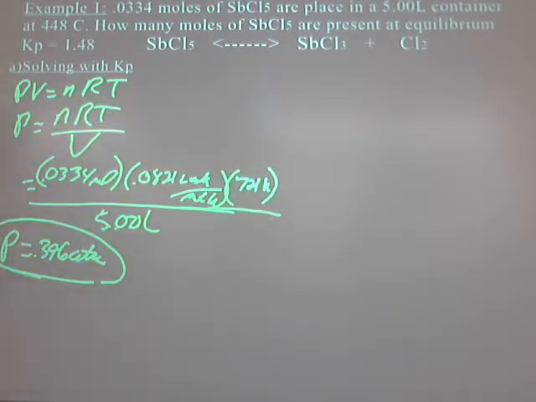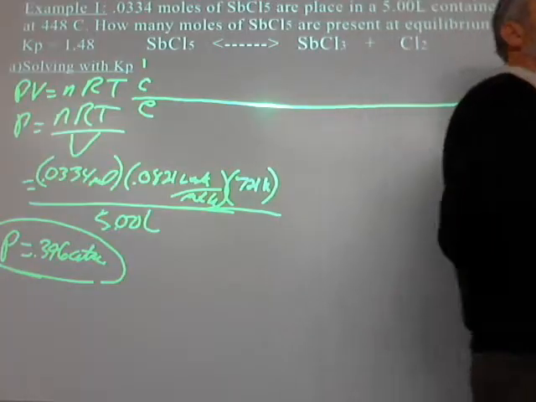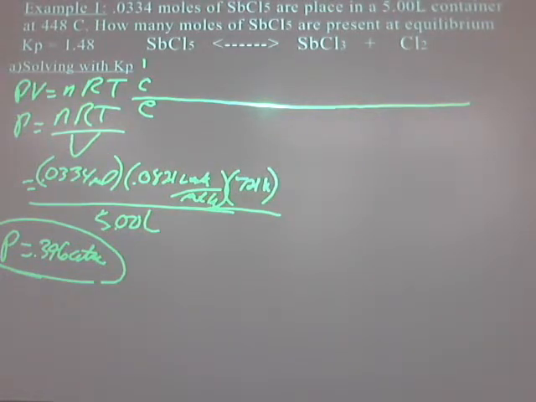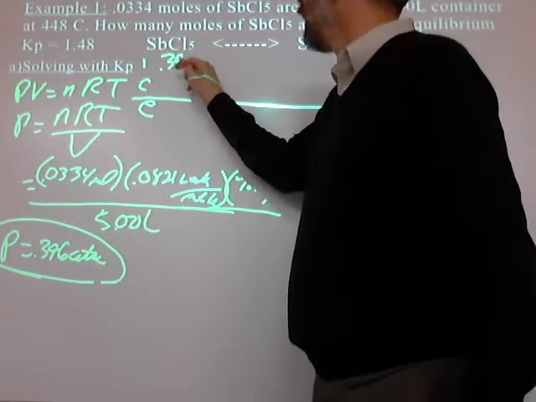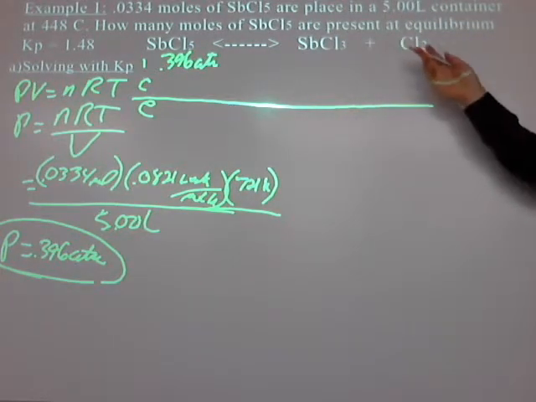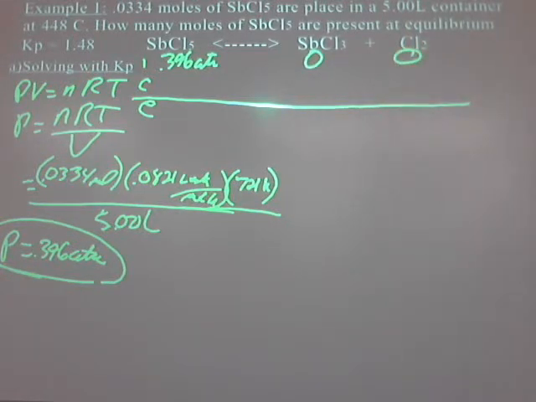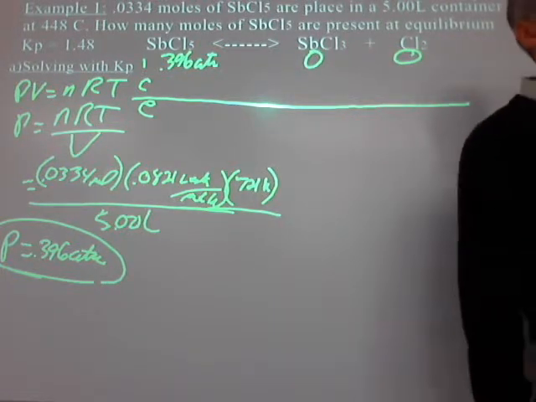Now we treat this problem as if it was the ICE problem we thought it was, if that was Kc. I told you to leave that room blank up there. Your initial is 0.396 atmospheres. What's your initial pressure of SbCl3 and Cl2 if you don't have any of it? 0 and 0. Remember, this all works because pressures are directly related to the moles, because there it is, that box up there.